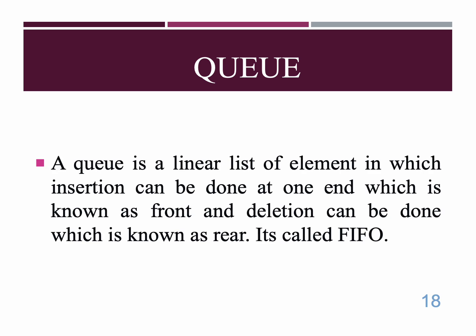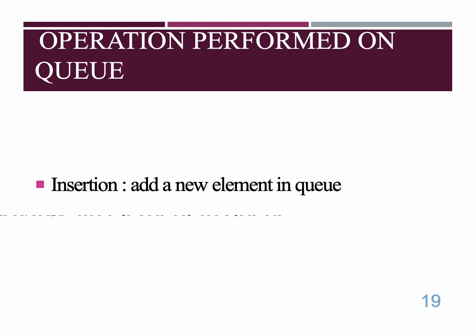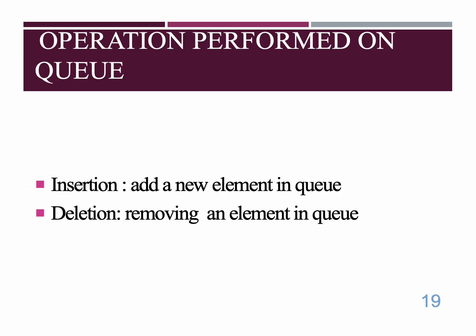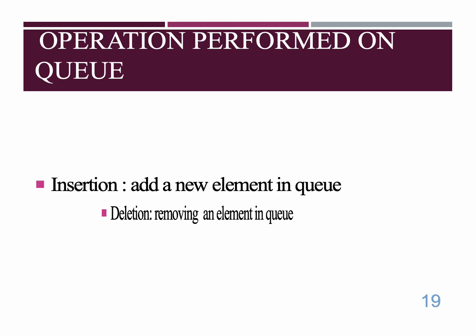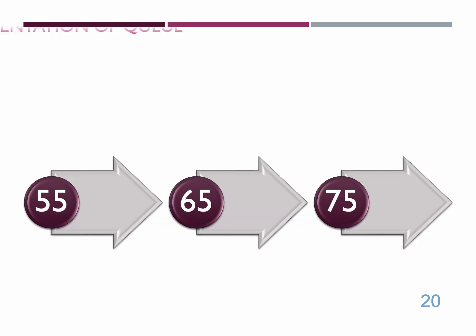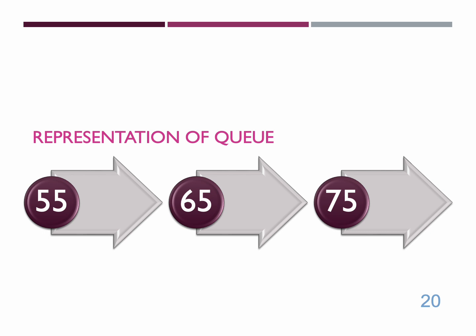So we'll see an example here. A queue performs two operations: we can add a new element to the queue, and we can remove an element from the queue. So these are insertion and deletion. If you see this example, this is the representation of a queue.